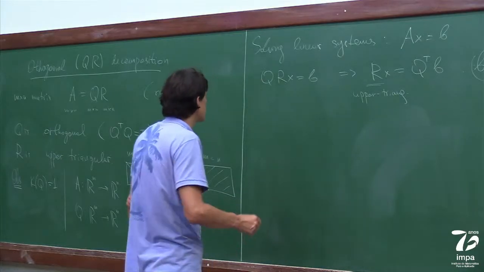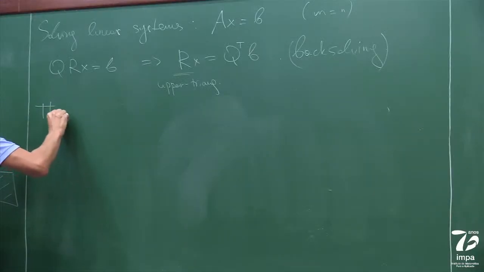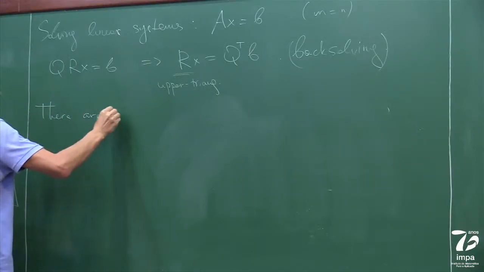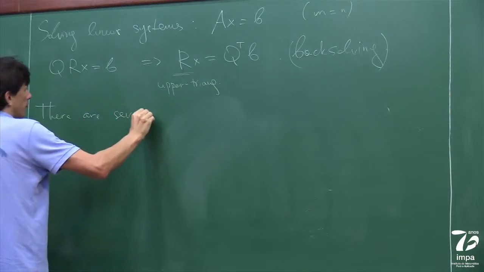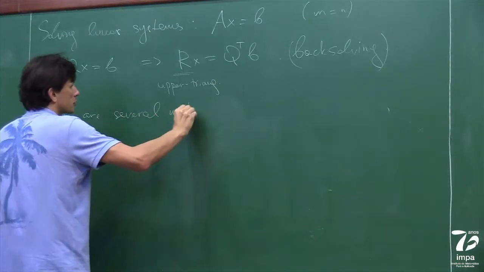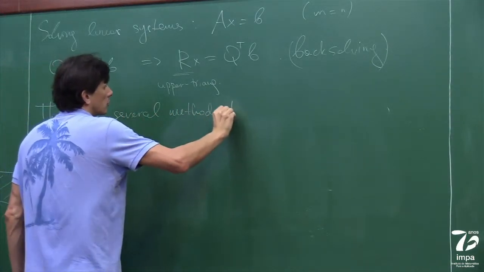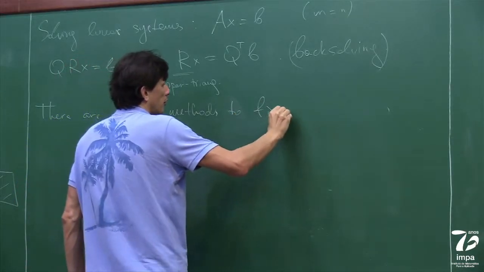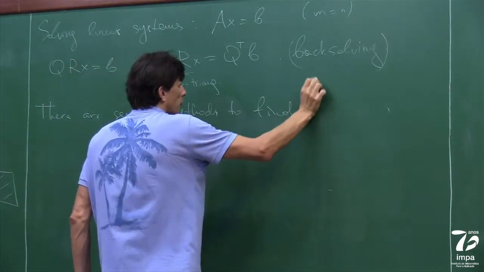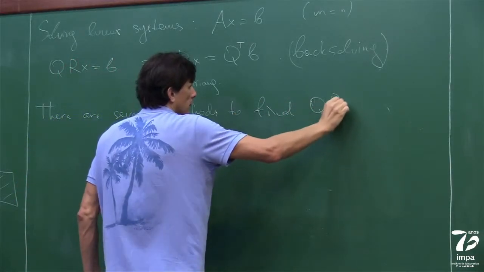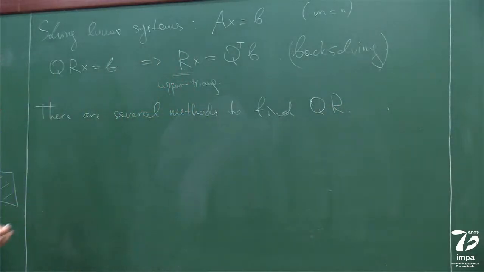Okay, so there are several methods to find QR. Given matrix A, we need to find matrix Q and matrix R. There are different methods.